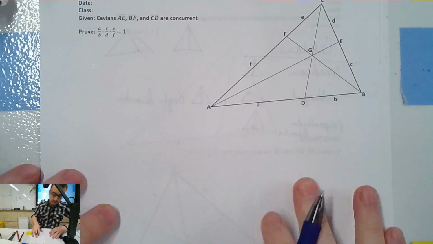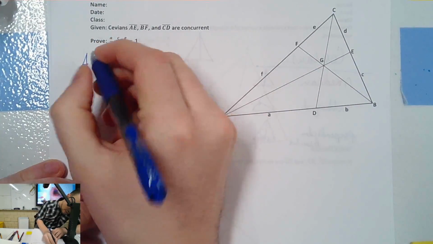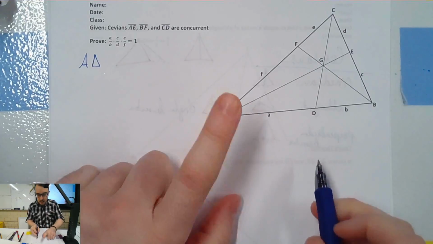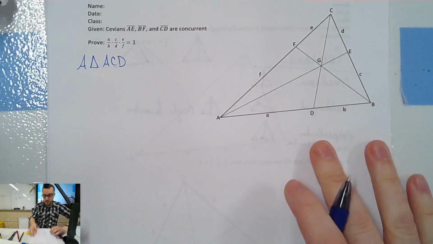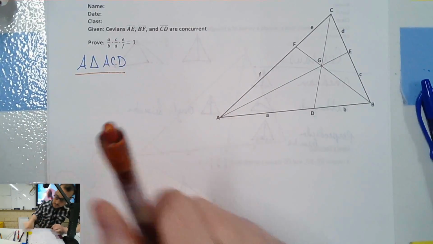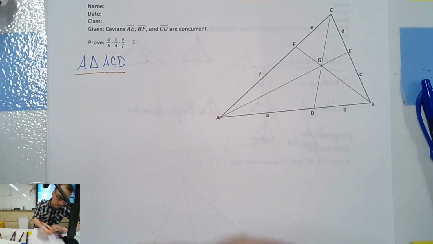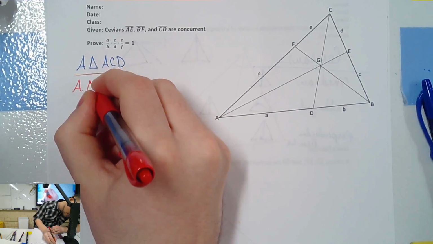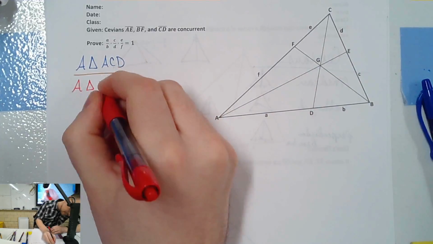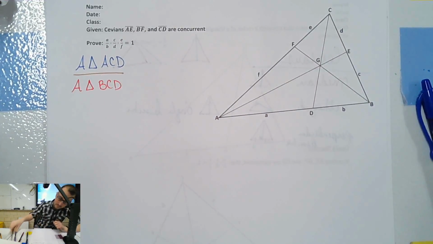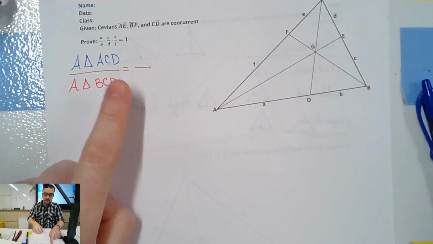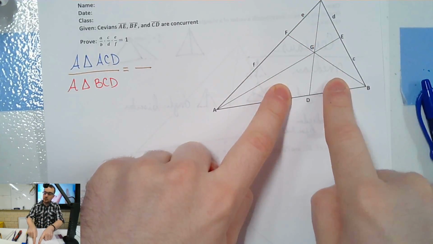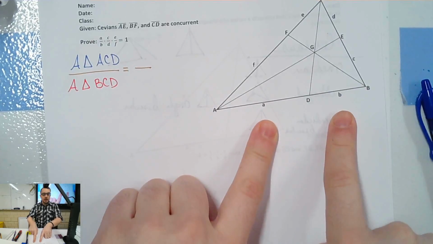I'm going to say that the area of triangle, let's call it ACD, over the area of triangle BCD equals, well, by our lemma, we know that if the area of this one and the area of this one are proportional, they should be proportional to their bases, right?